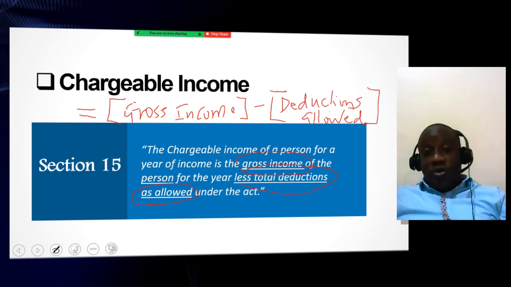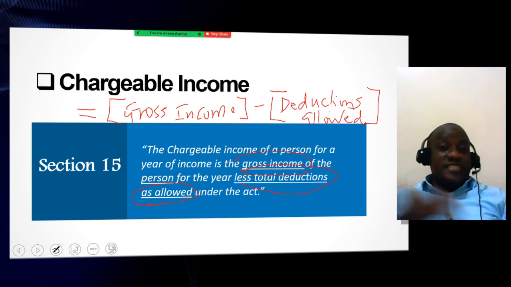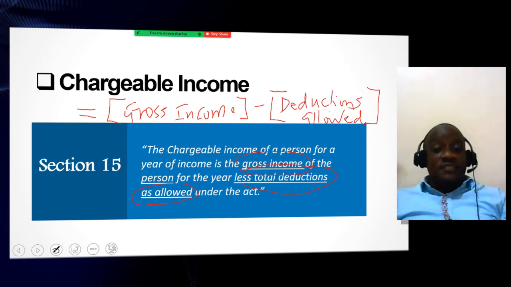Because how are you going to assess yourself if you are disorganized? If you have no evidence, URA can catch you just like that. This is law. Yes, there is taxation, but it is hinged on the law. So the law works with evidence.